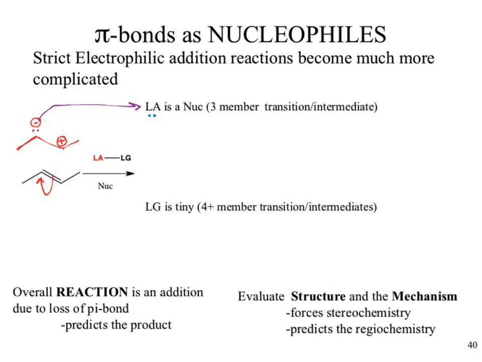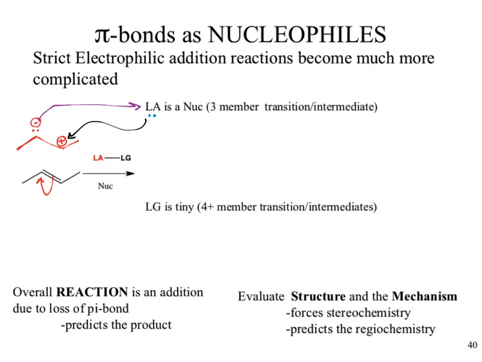Fair enough. A bond between the carbon and the Lewis acid, and a carbocation. What do carbocations want? Electrons. What does my Lewis acid have? Electrons. They can immediately share back, and I form a cyclic intermediate, that 3-membered transition state.